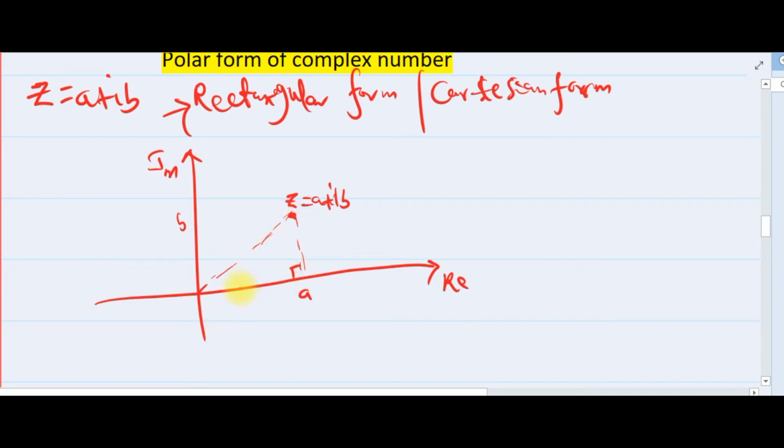From trigonometry, from here to here is b, and from here to here is a. So from trig, let's bring in an angle, theta. This theta is called an argument. So theta is the argument of the complex number.